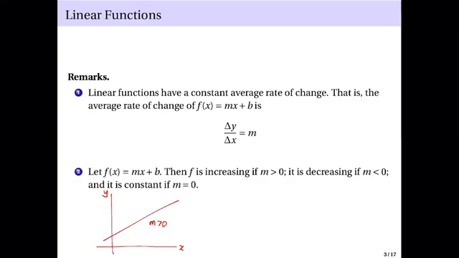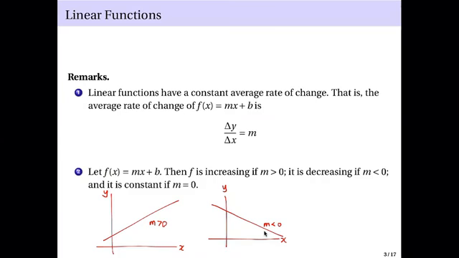And then when m is negative, so this is your Cartesian plane, x and y. When m is negative, your graph will be something like this. This is decreasing, slanting downwards from left to right. So as you increase the value of x, the value of y decreases.